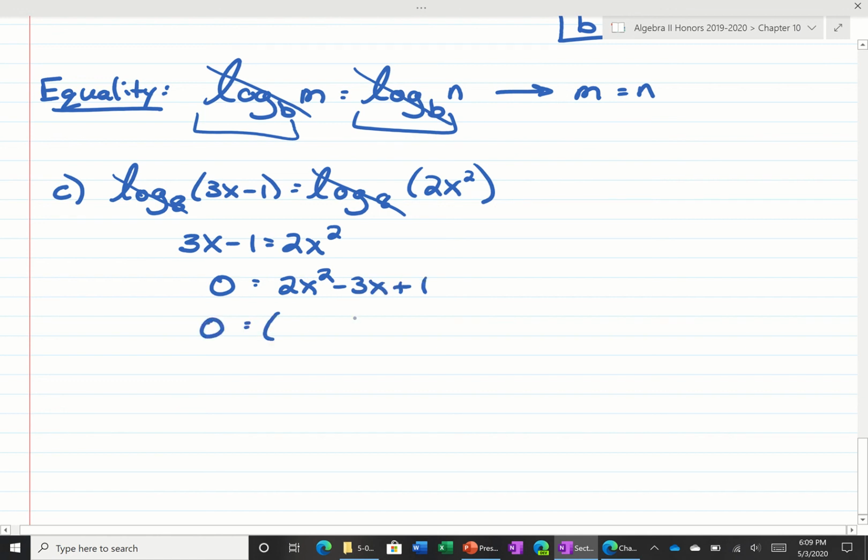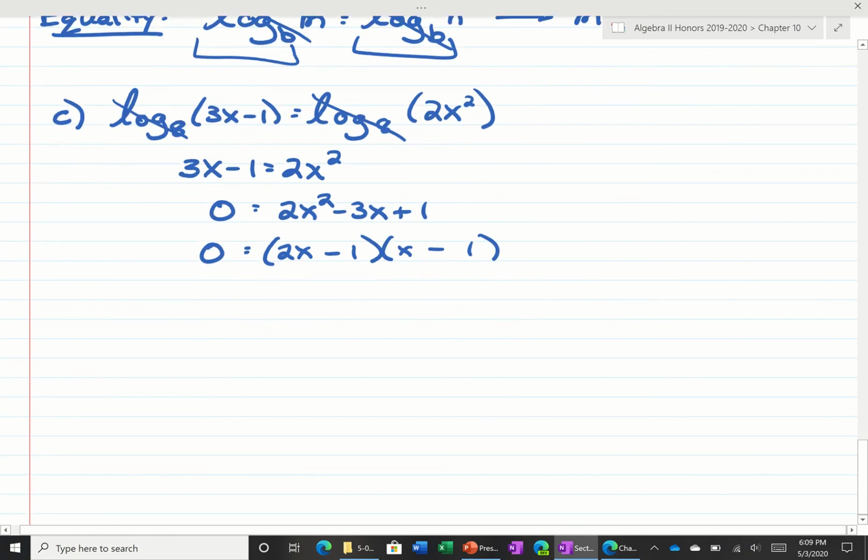If we factor, both of those would be negative. And if we set those factors equal to 0, we'd get that x is 1/2, and we get that x is 1.